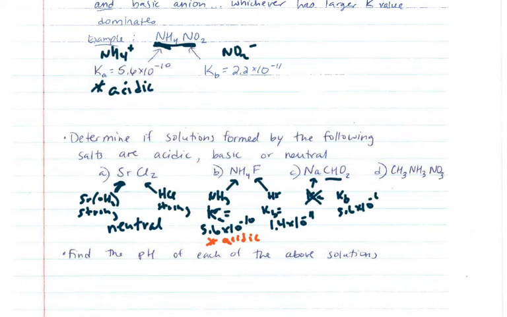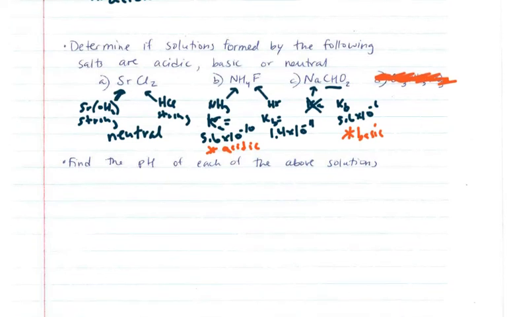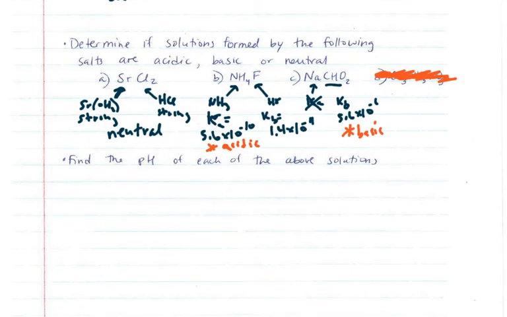So the Kb is higher than the Ka because there is no Ka for sodium. So this is going to be a basic salt. And then this last one I'm going to skip because we don't actually have on the table a Ka value for that anion, so we can't tell. Okay, so the next question says find the pH of each of the above solutions. I suppose it should give us a molarity in order to calculate that.